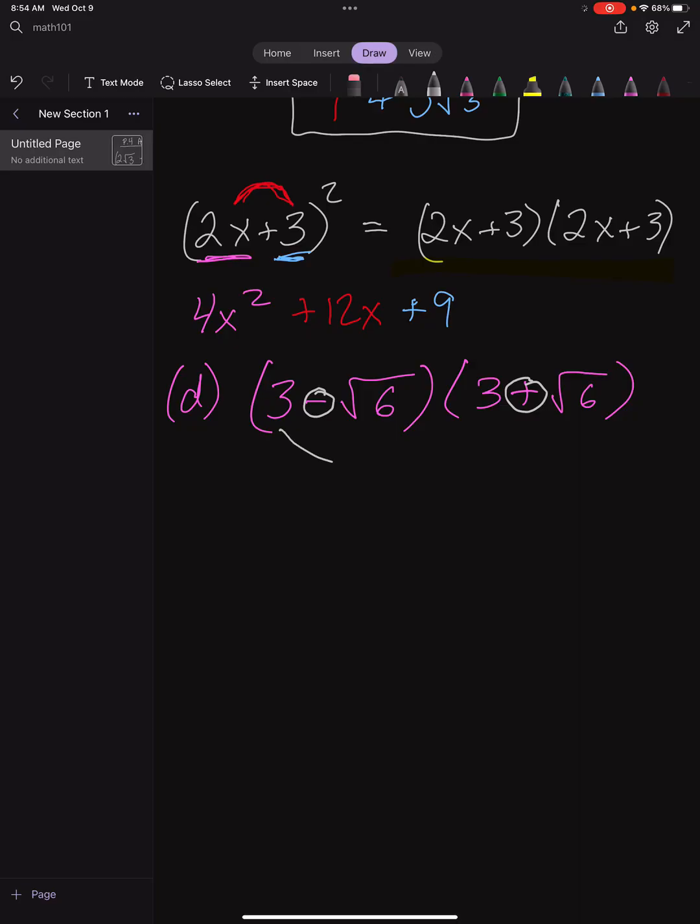The answer to this is going to be the first term times the first term, which is 9. And then we're going to get minus the second term times the second term. So basically we get our F and our L out of the FOIL, and the O and the I terms are going to cancel each other out. Root 6 times root 6 is just 6, and so 9 minus 6 is 3.